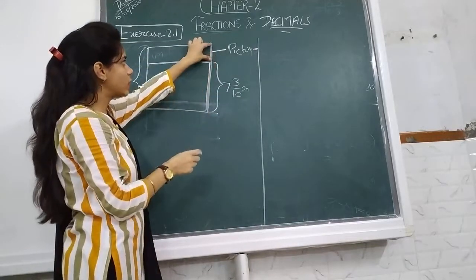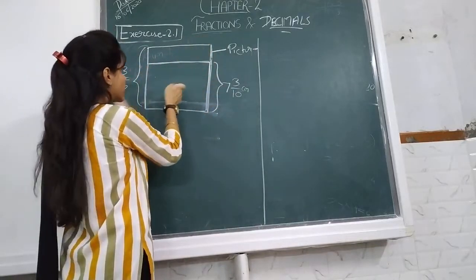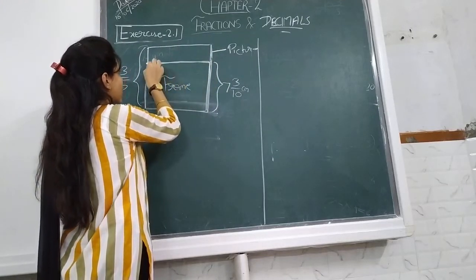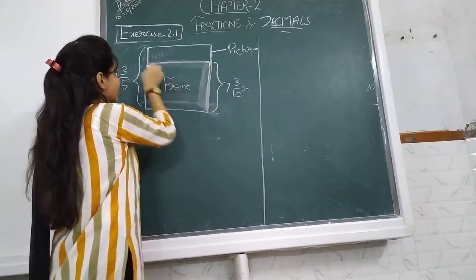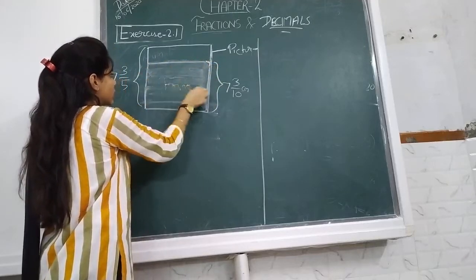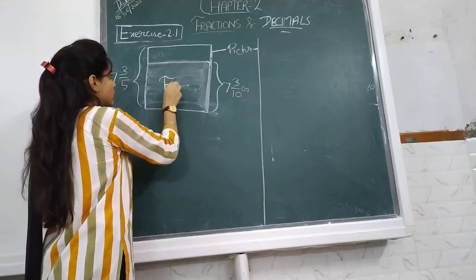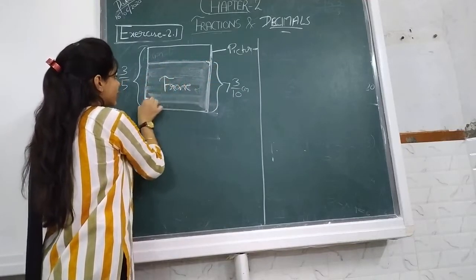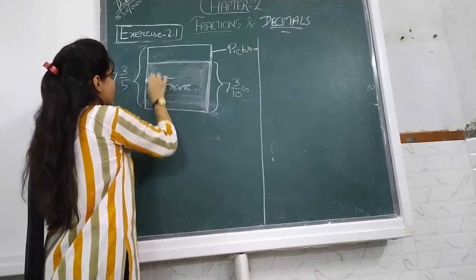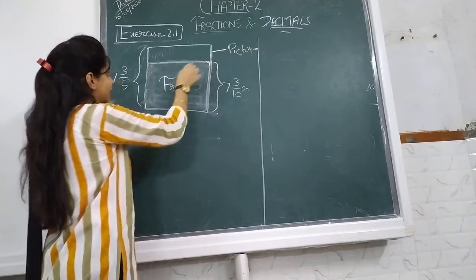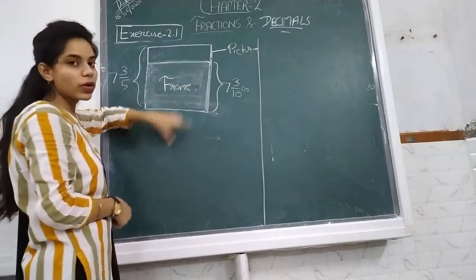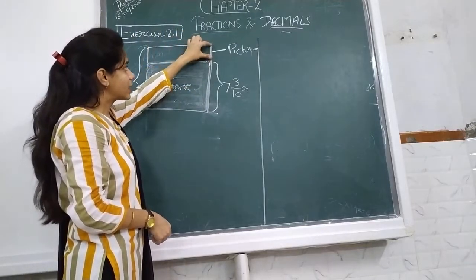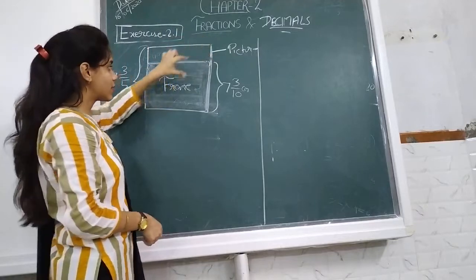This part we need to trim to put it into this frame. This shaded part is the frame, and this whole is the picture. So this part of the picture is more than this frame.